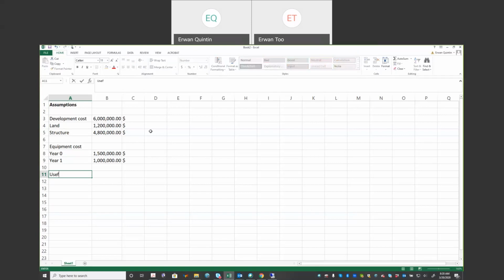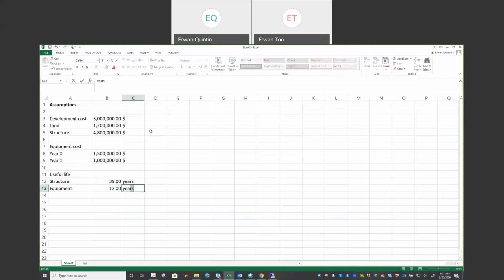Okay, so we're going to assume, just like it says to do in the case, that our various investments have different useful lives. The structure has a useful life of 39 years, and the equipment has a useful life of 12 years.